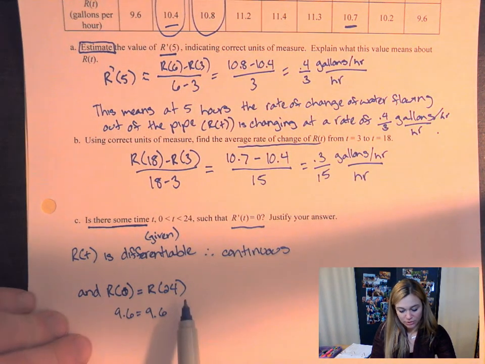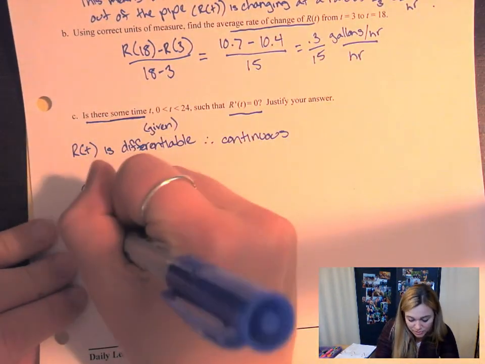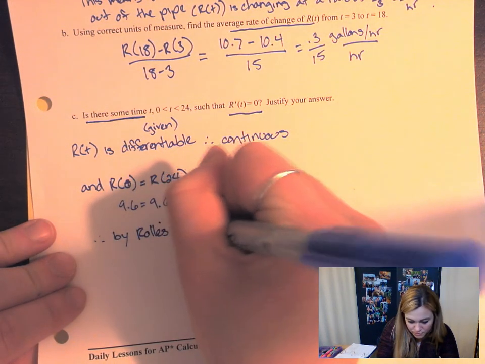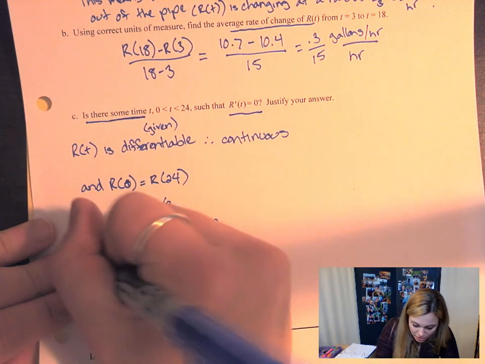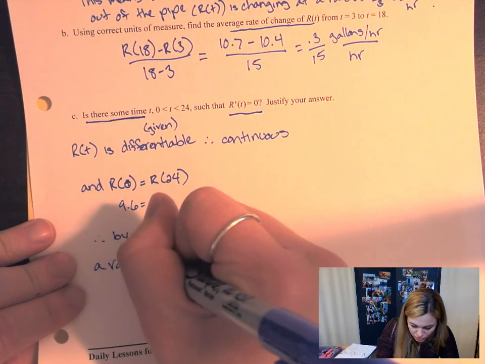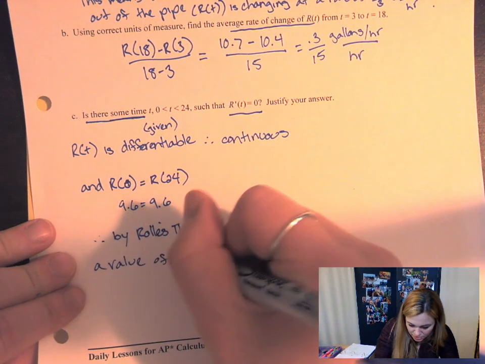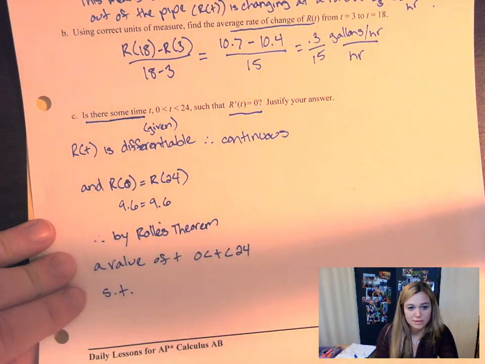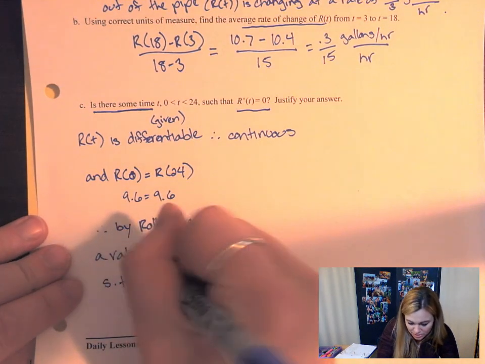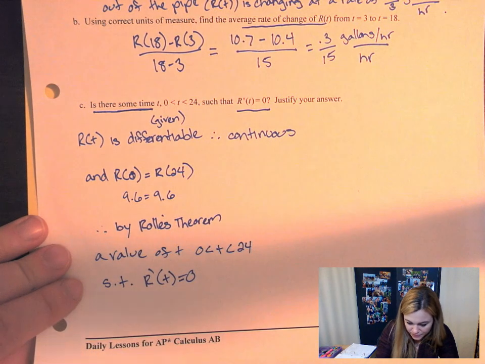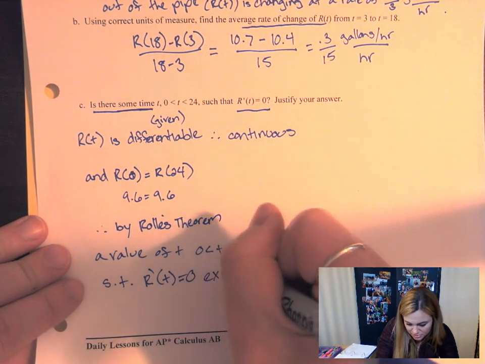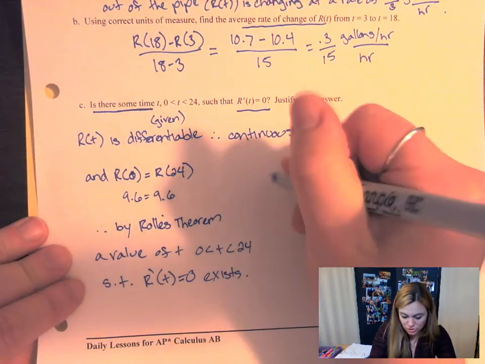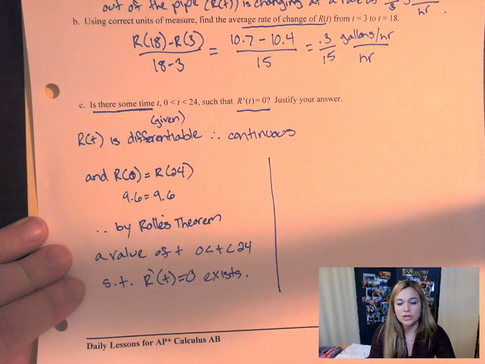So I can say, therefore, by Rolle's theorem, a value of t, 0 is less than t is less than 24, such that r prime of t equals 0 exists, or is guaranteed. So this is enough. Is it true? Yes, it's true.